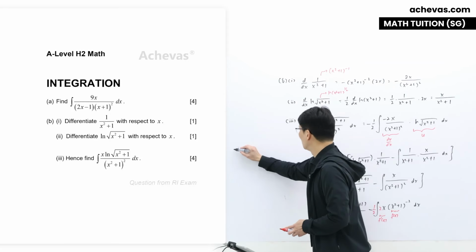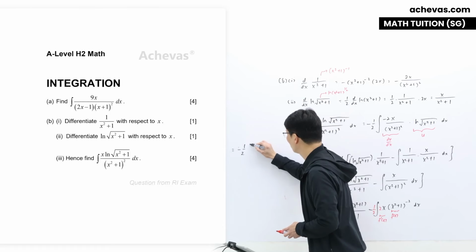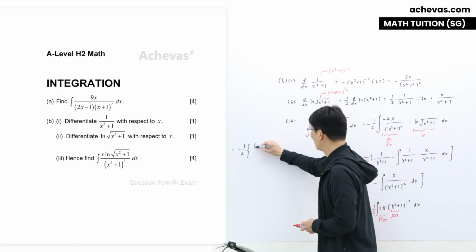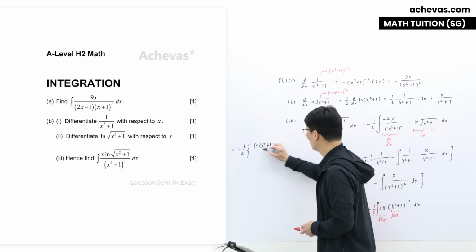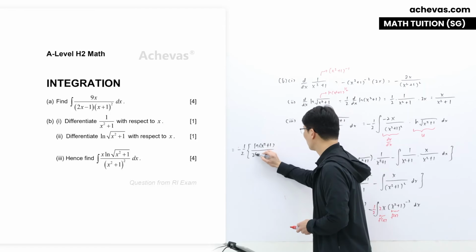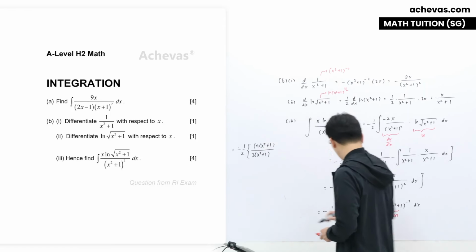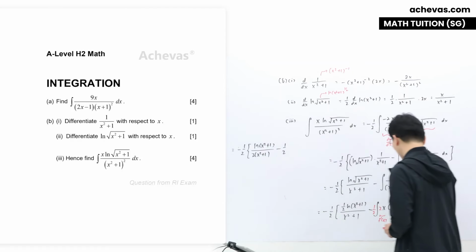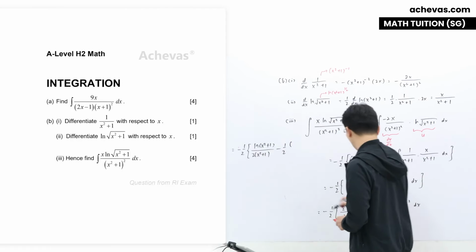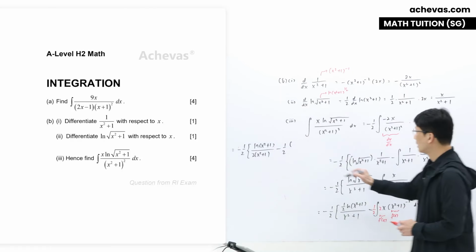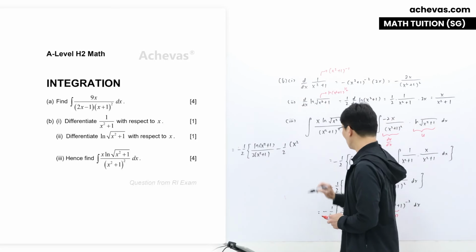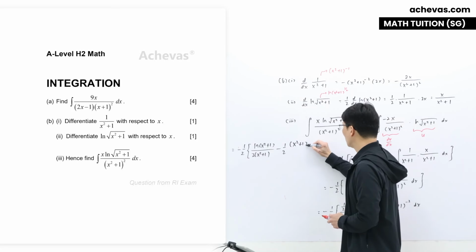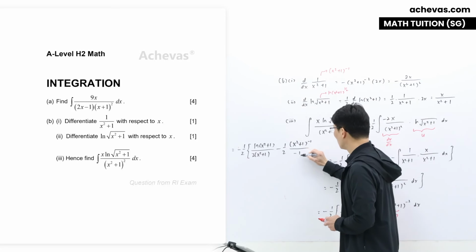It will just be equal to a minus half ln bracket x squared plus 1 over 2 bracket x squared plus 1. This part here will end up with a minus half. Using the formula for f prime x times f(x) to the power of n, when I do an integration, we get x squared plus 1 to the power of minus 1 over minus 1.